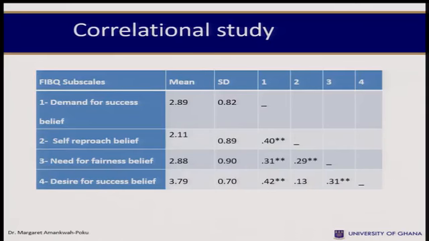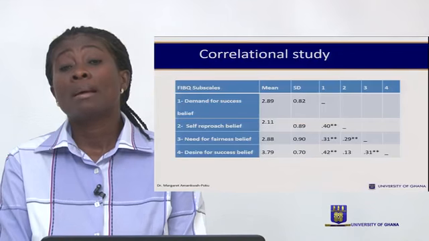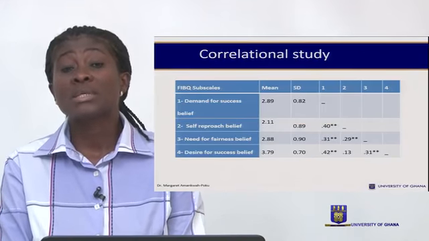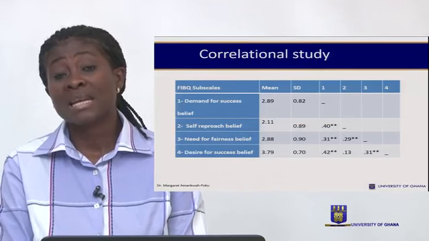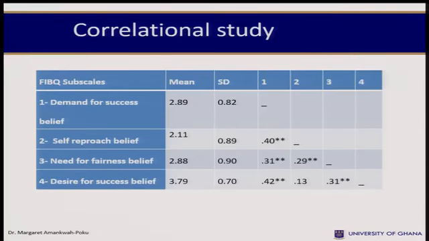This is just to show you when I mentioned the fact that correlation compares two variables at a time. So this is a typical example of an analysis that has been done, and the figures have been put in the table. So if you look at it, you have demand for success belief, self-reproach belief, need for fairness belief, and then desire for success belief.